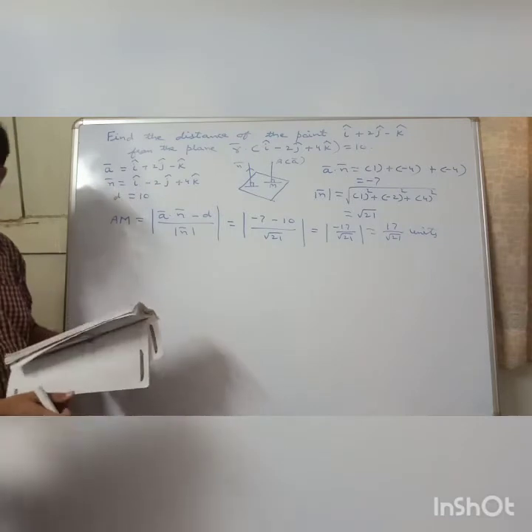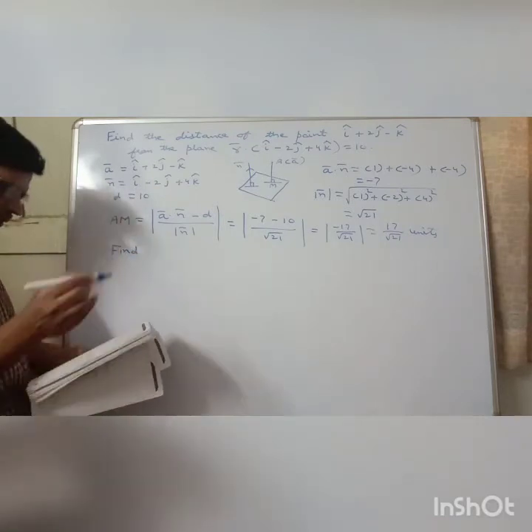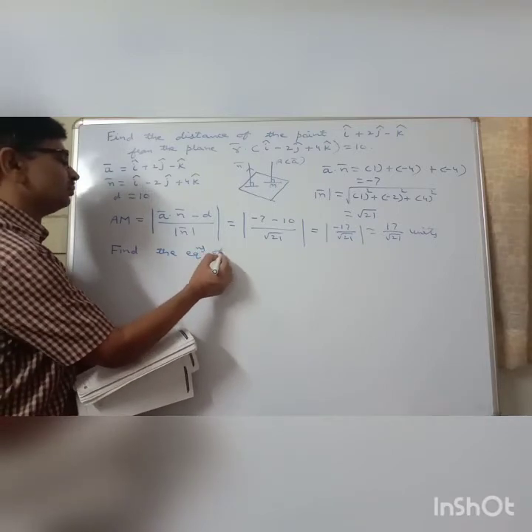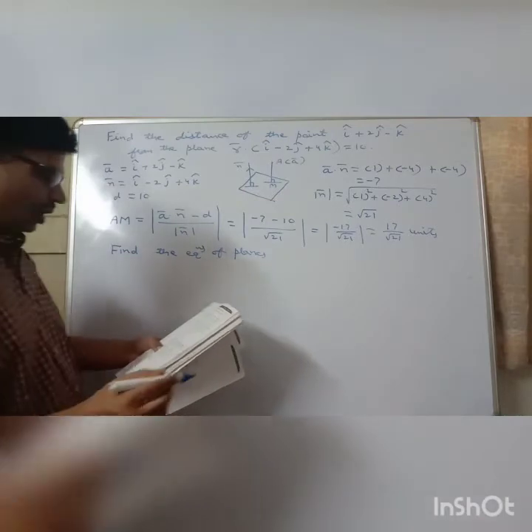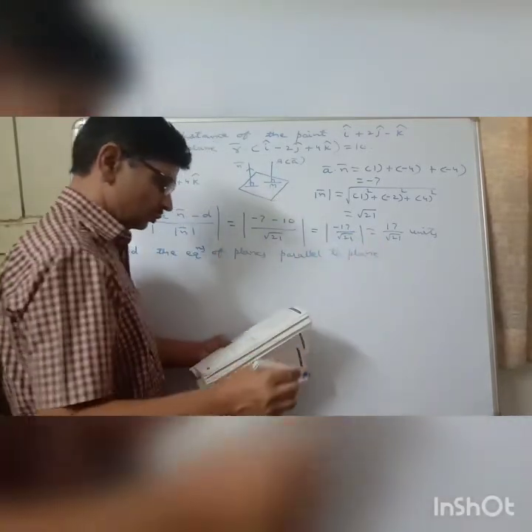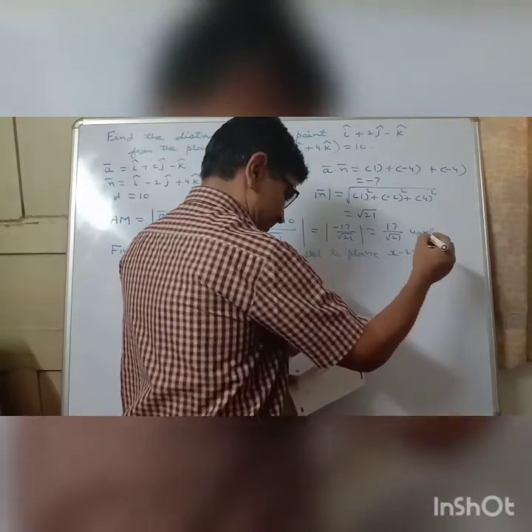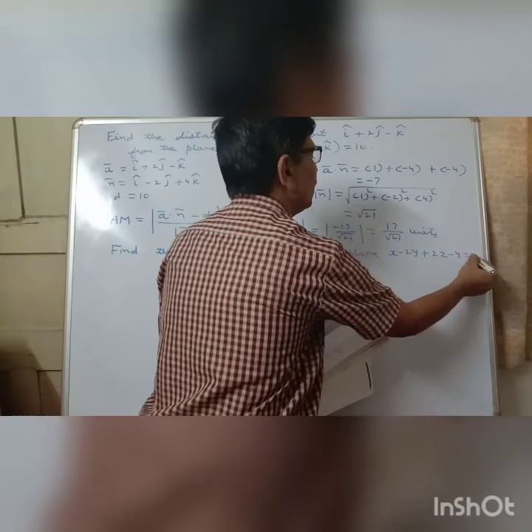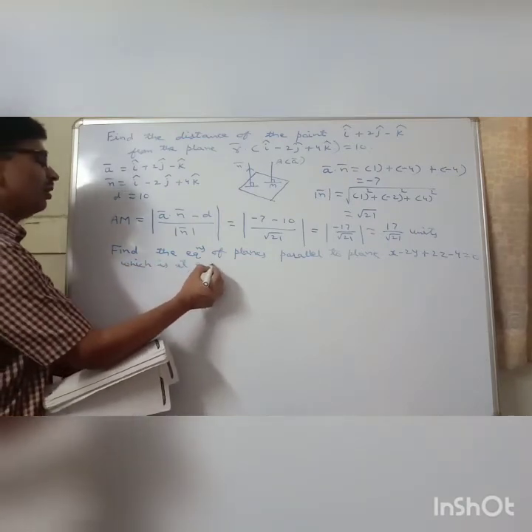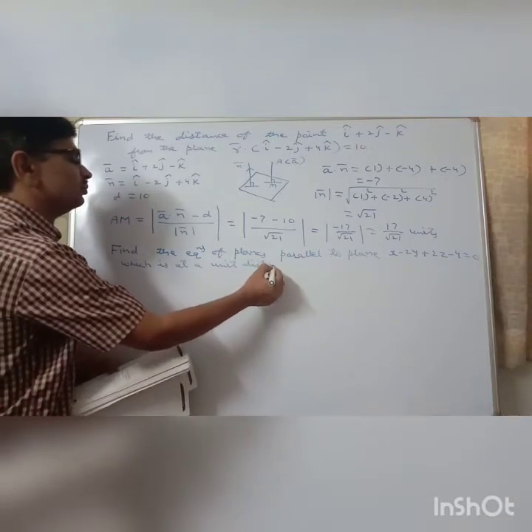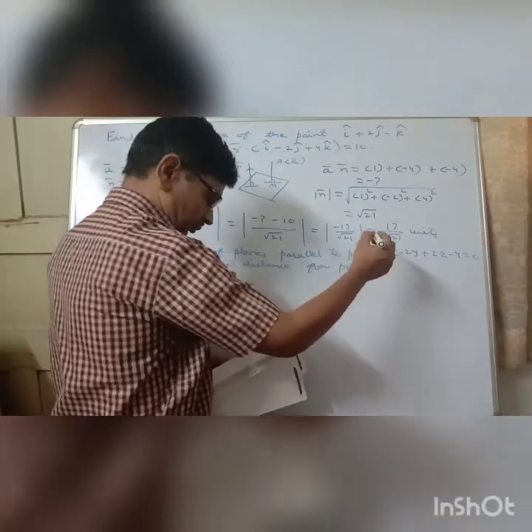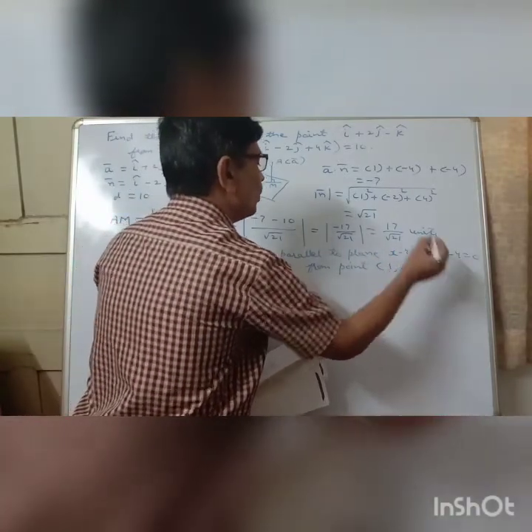Next example. Find the equations of planes parallel to plane x minus 2y plus 2z minus 4 equal to 0, which is at a unit distance from the point 1, 2, 3.